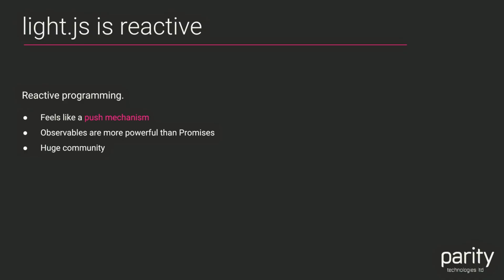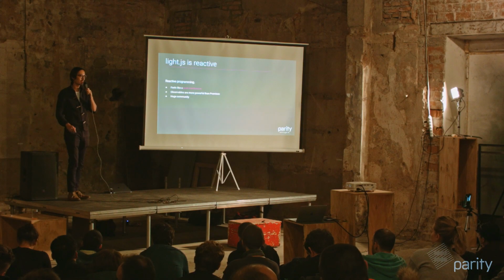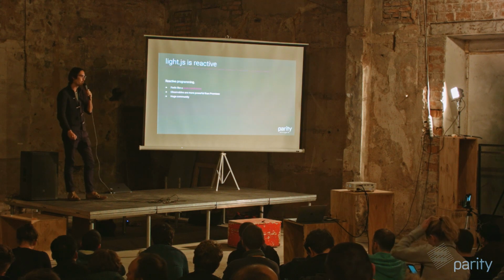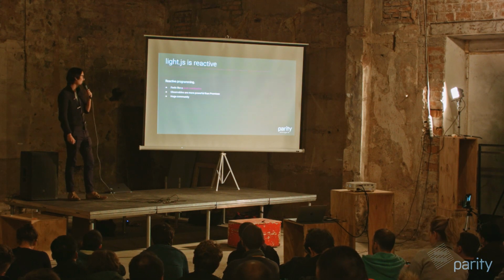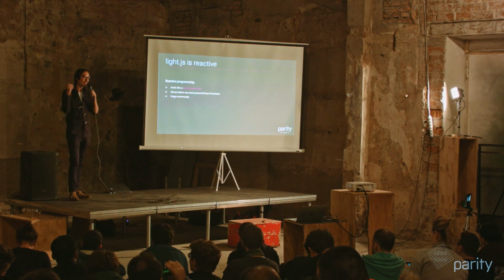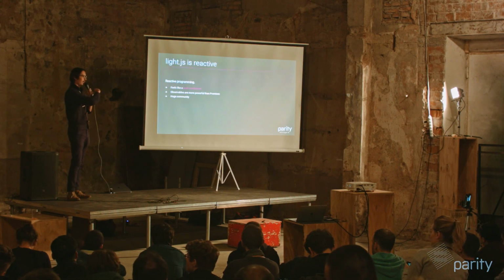Light.js is reactive. Reactive programming is a pattern or style of programming where you work with streams of data. Streams are like, if you imagine a line that represents time, you will have events that happen on the stream.